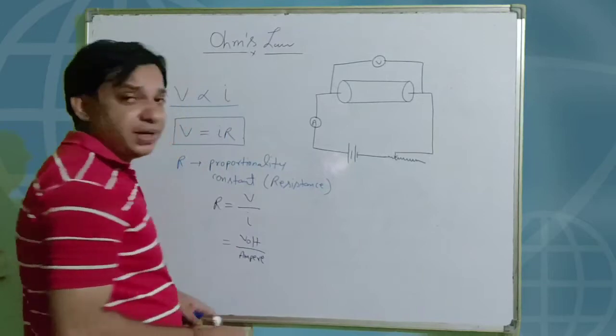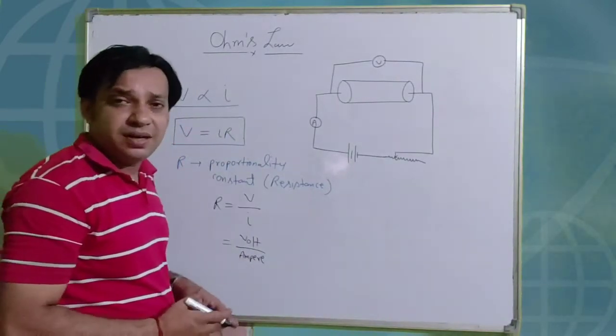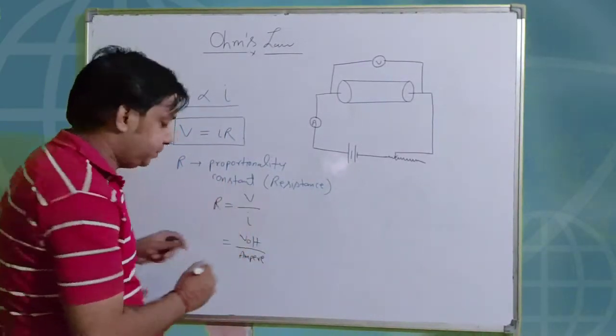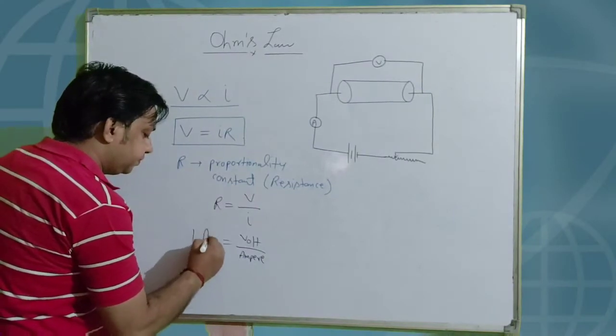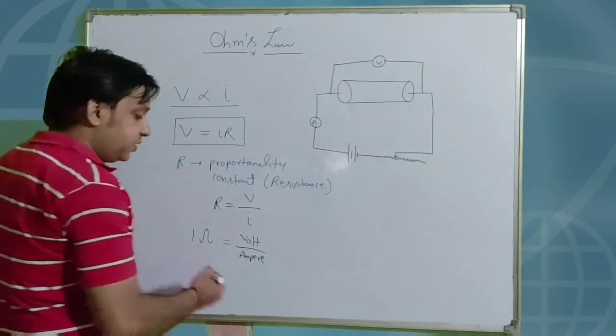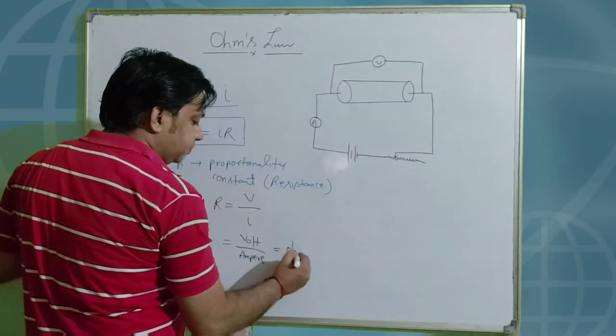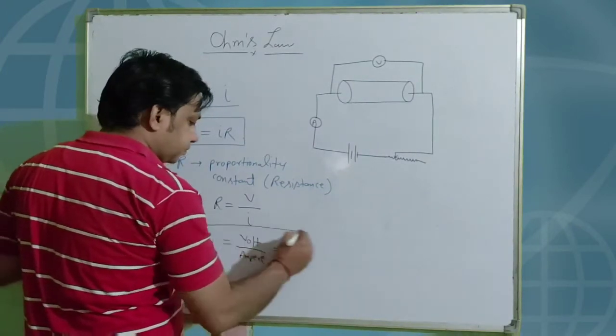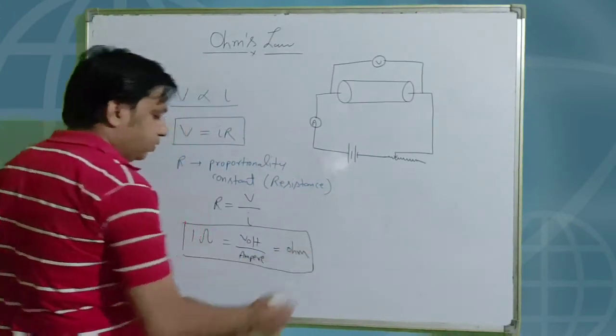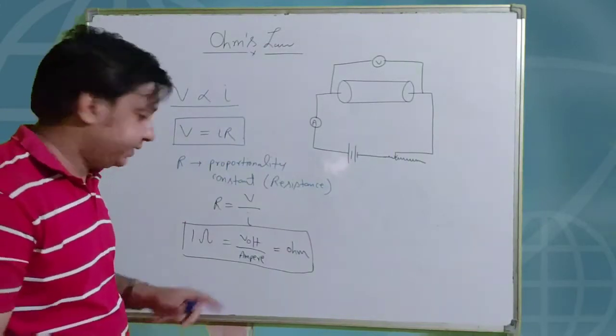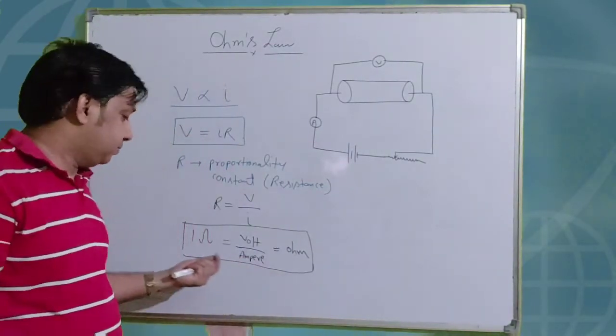Volt divided by ampere, and this is commonly known as the resistance unit ohm. Ohm, and this is the symbol you are using. So volt per ampere is basically your ohm.